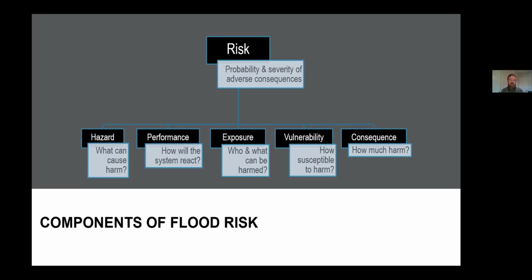So the river system, for example, or levees and dams, coastal dikes, that type of thing. Then it's important to know who and what can be harmed. So we need to account for structures and people that are in harm's way. And then, how susceptible are those people to harm? So if they're exposed, does that result in a fatality, or maybe not? Their vulnerability is important. And last, how much harm are we going to quantify?